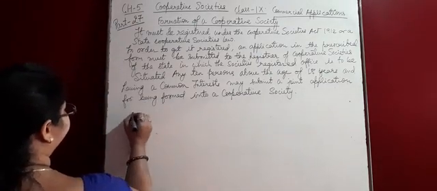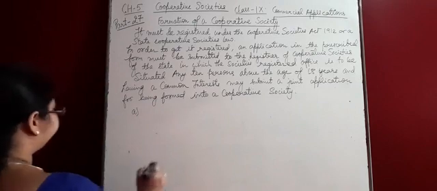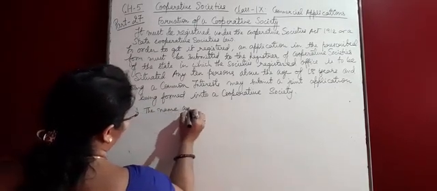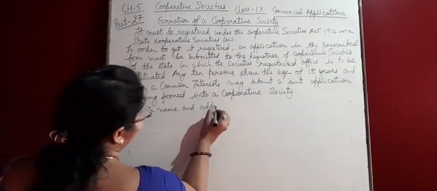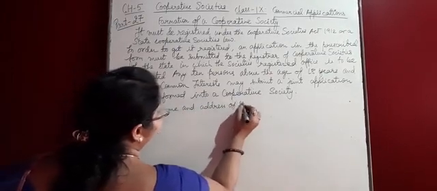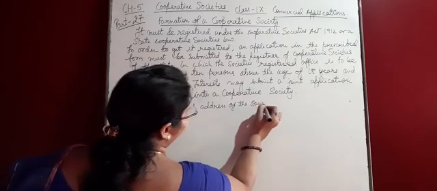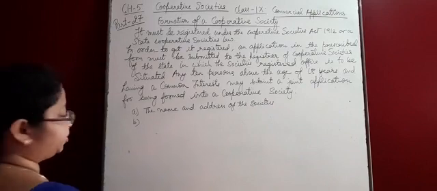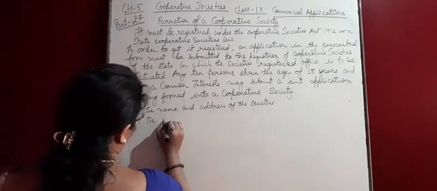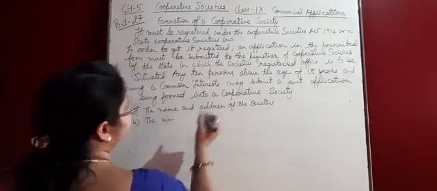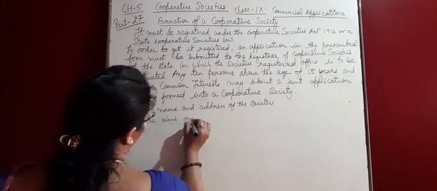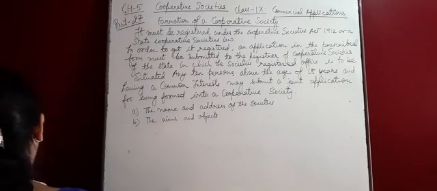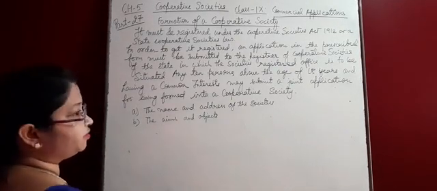So first is the name and address of the society. Now, the second point is the aims and objects of the society, for which the society is being registered.